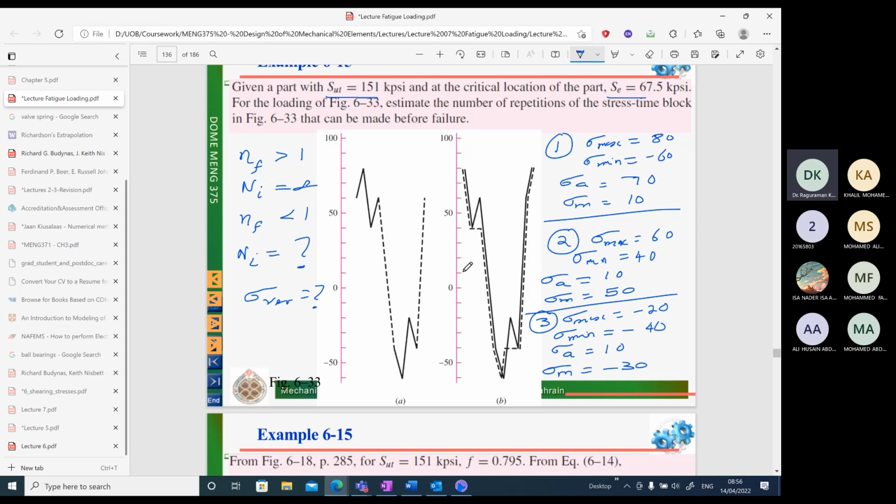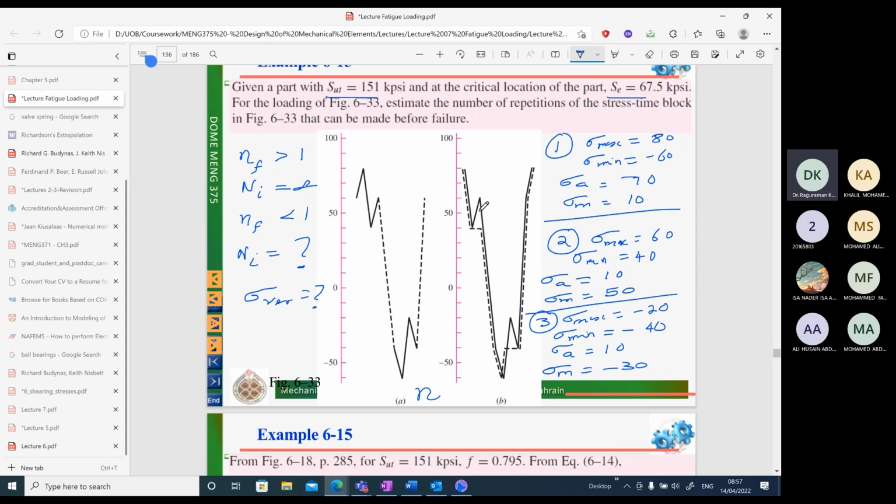I'm going to use small n number of cycles, like stress time blocks here. This means if I apply this entire block n times and then failure occurs, I apply the big cycle small n times.